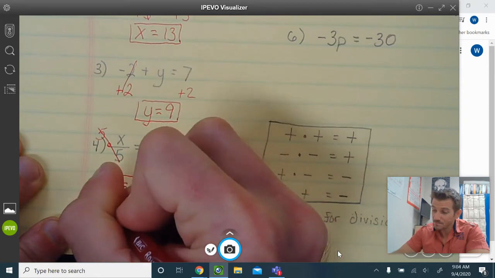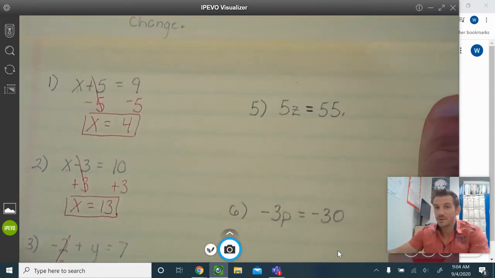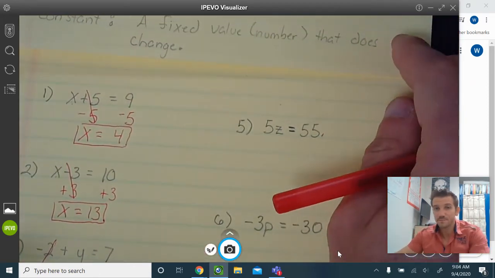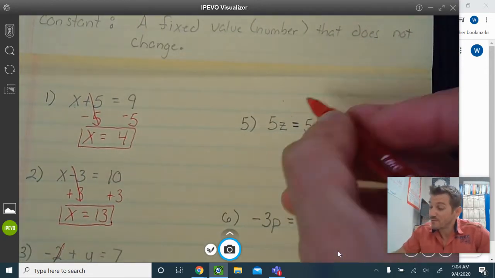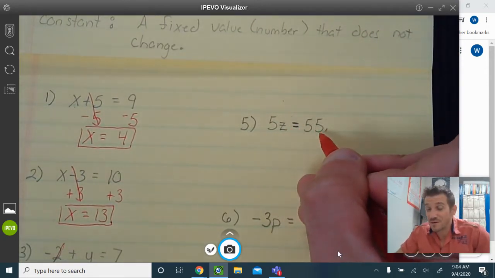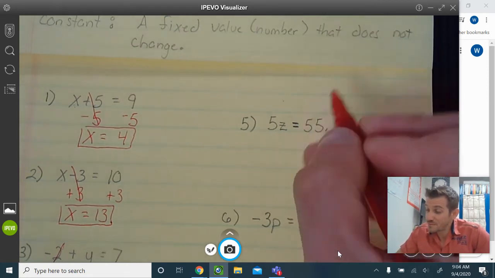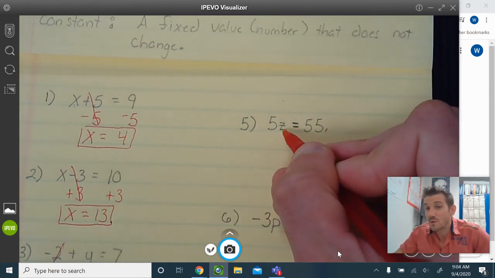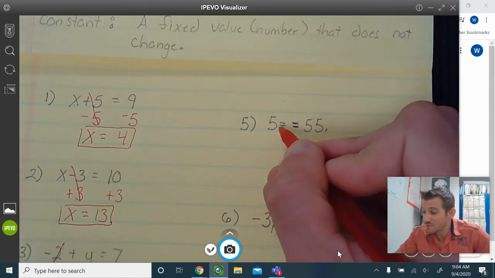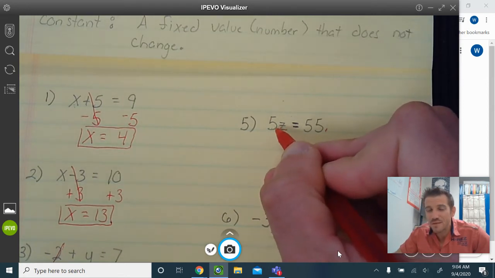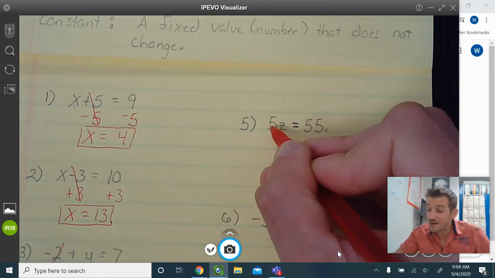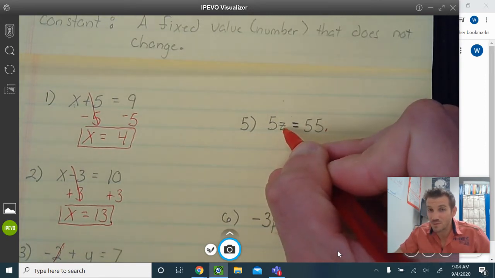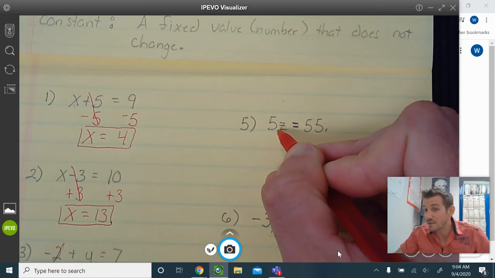End of problem. Okay, going down here to number 5. I put a bunch of 5s just to keep y'all entertained. So 5z equals 55. First step, this is 5z. What that means, you don't see a plus or a minus sign between those two. That's all one term. We'll get into that vocab later. 5 times z is what is being implied here, so multiplication.